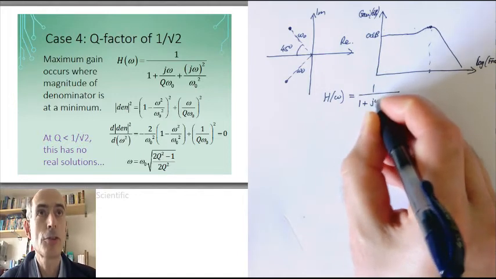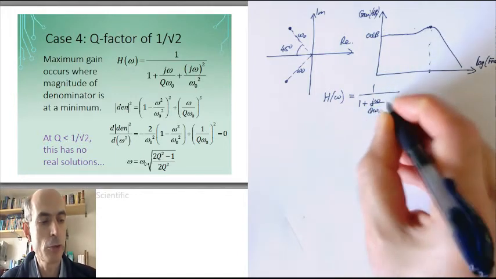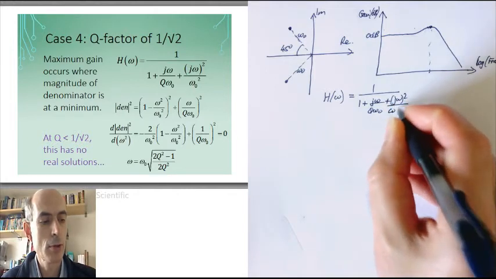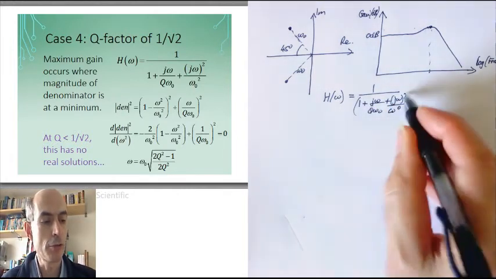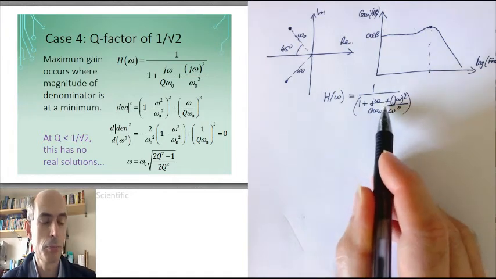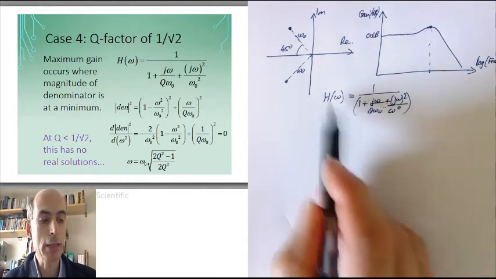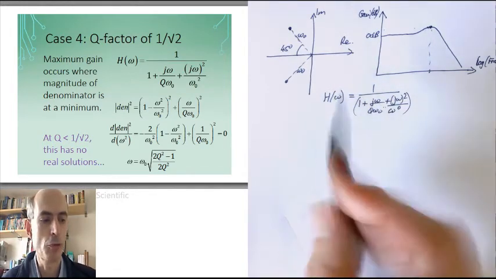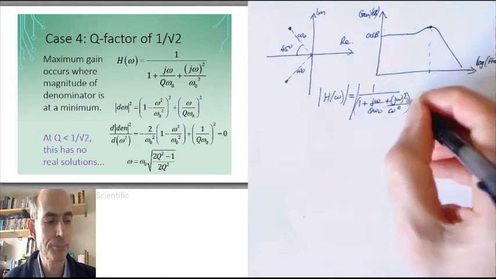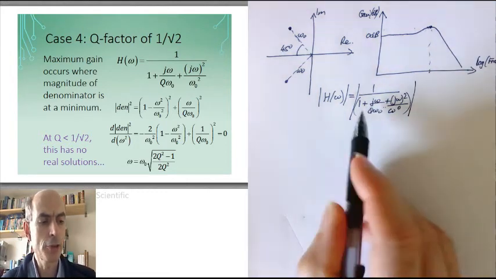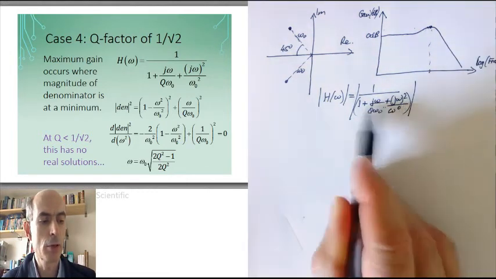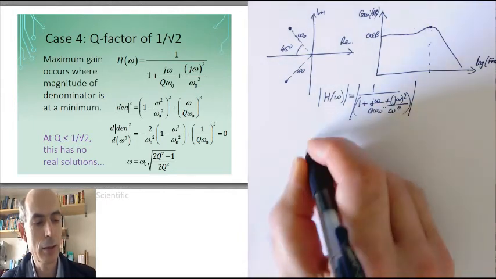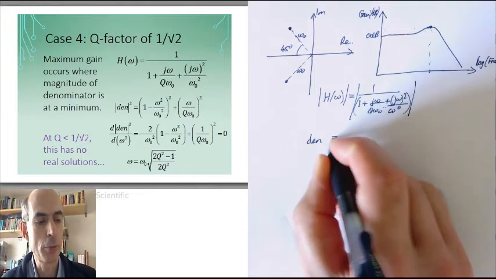If I'm interested in a maximum value, then I'm interested in the case where the denominator of this expression has its minimum possible value, because that will give me the maximum value of the amplitude response, the modulus of it. So I'm interested in the minimum value of the magnitude of this denominator. I've called it den in the slide, short for denominator.